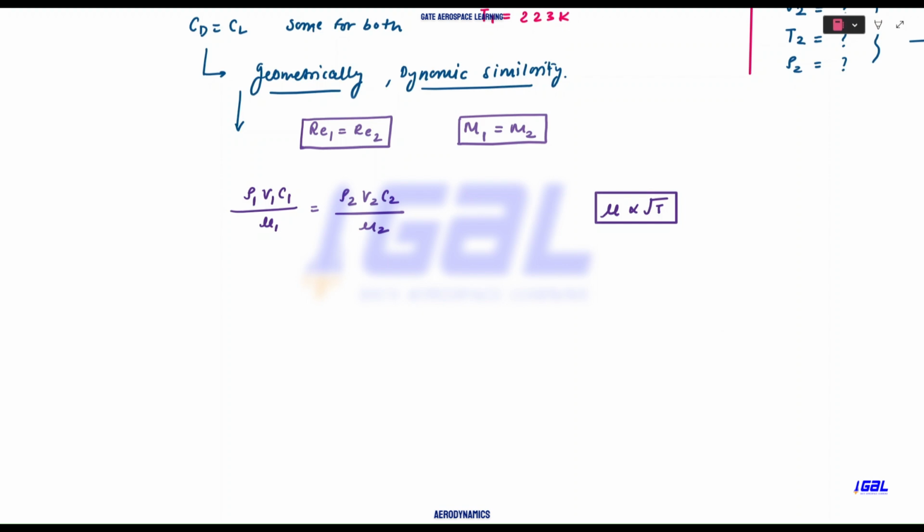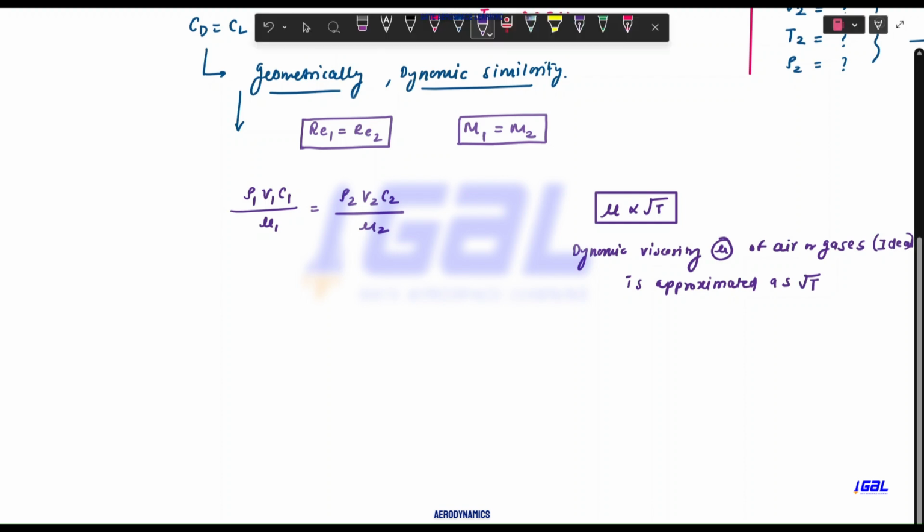Let me write that as well: dynamic viscosity mu of air or gases, to be precise ideal gases, is approximated as the square root of temperature. I hope this is clear to you.